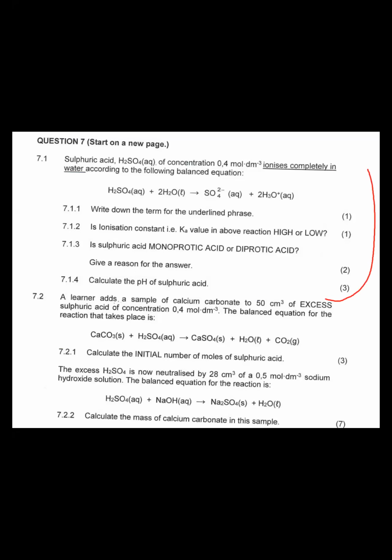I know this one is a little bit challenging, I understand that, but the rest of the questions are not. Anyway, let us look at this one and try to get the answers.